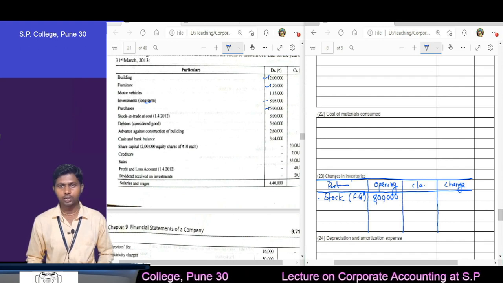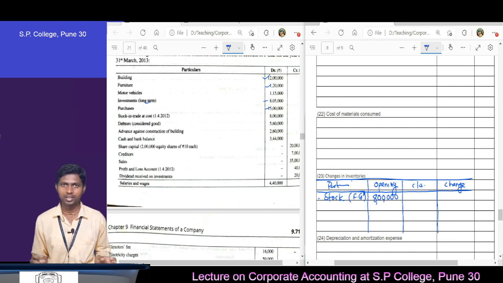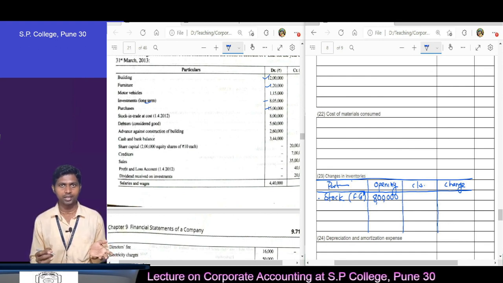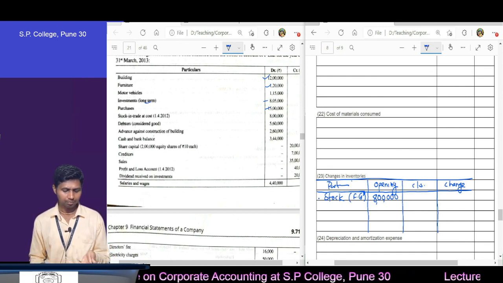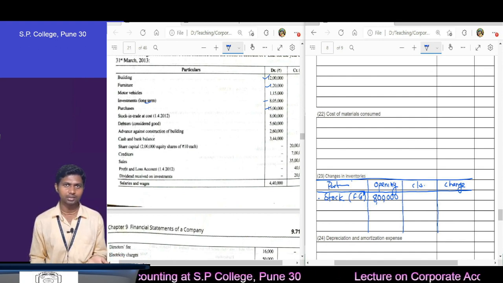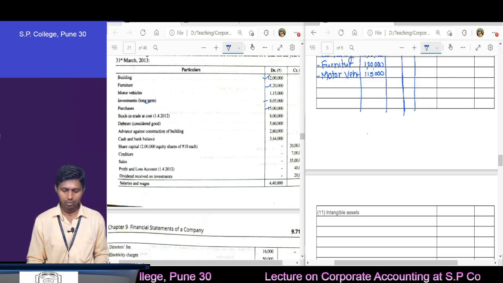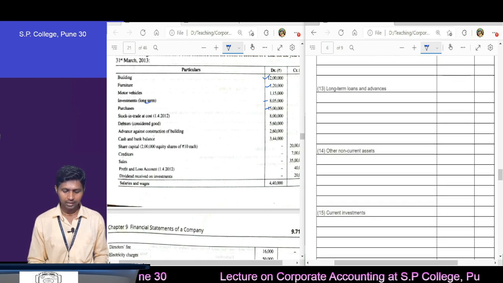Then debtors, where to write debtors? Debtors we write in trade receivable, because the name has changed. Now the new name of debtor is trade receivable. And from the debit column you will understand asset or expenses. Not expenses, therefore in asset, that means from 10 to 20. Not tangible, not intangible.